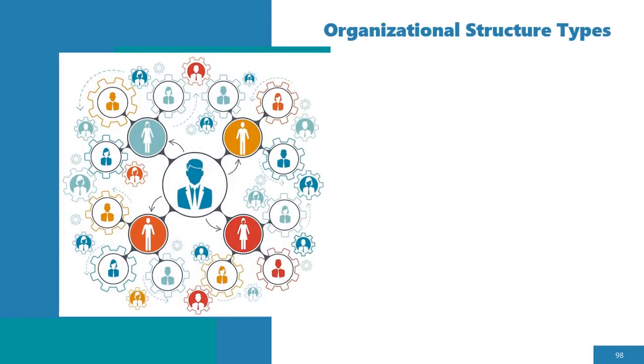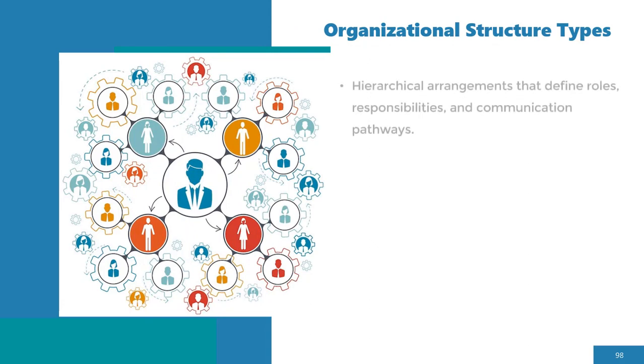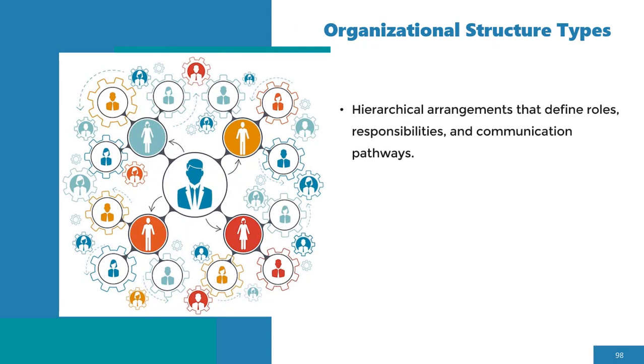Moving on, let's look at organizational structure types. There are various structure types which will eventually impact how you manage and execute your project. We have hierarchical arrangements that define roles, responsibility, and communication pathways.